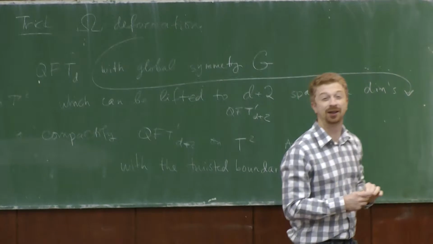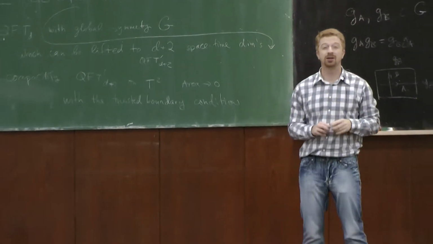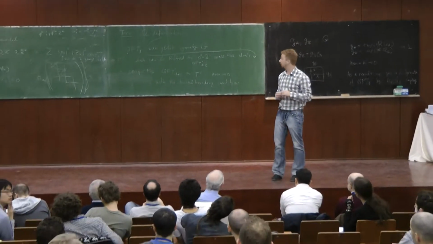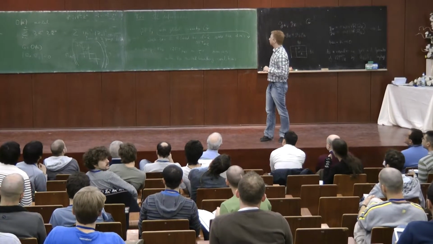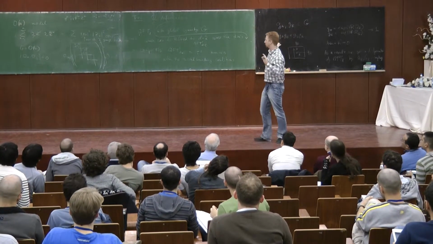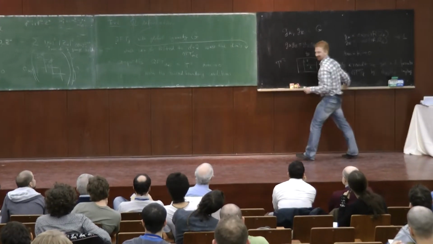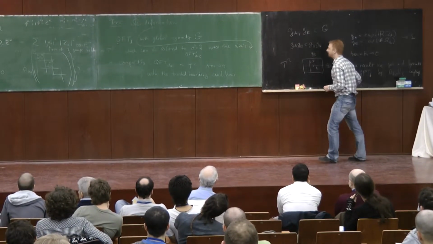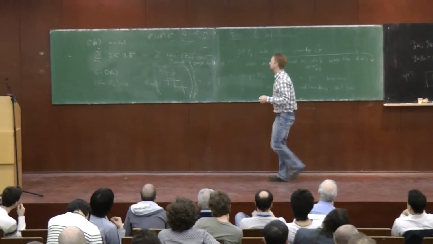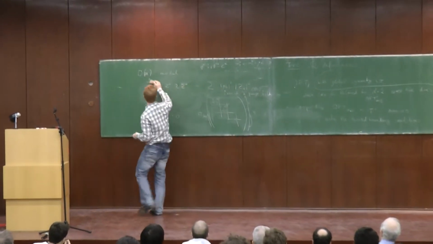Yes? I'm not sure. For me, it's not clear how you got the second term. Well, it's homework. It's very easy, actually, if I didn't make a mistake, but I think I didn't.